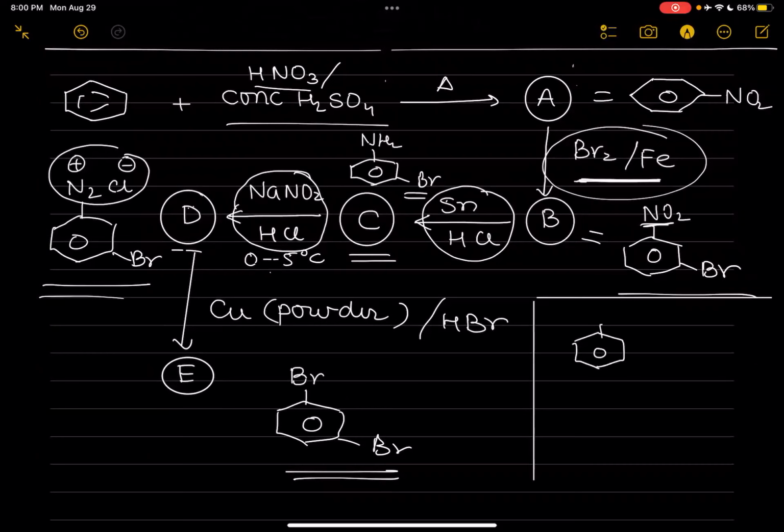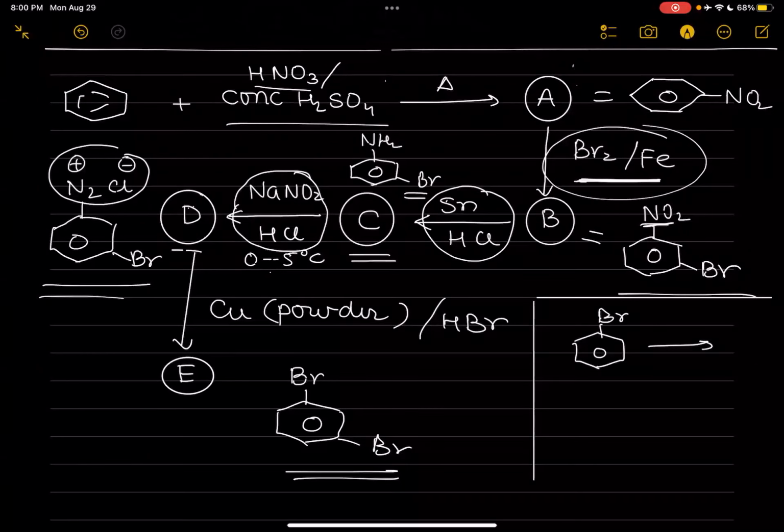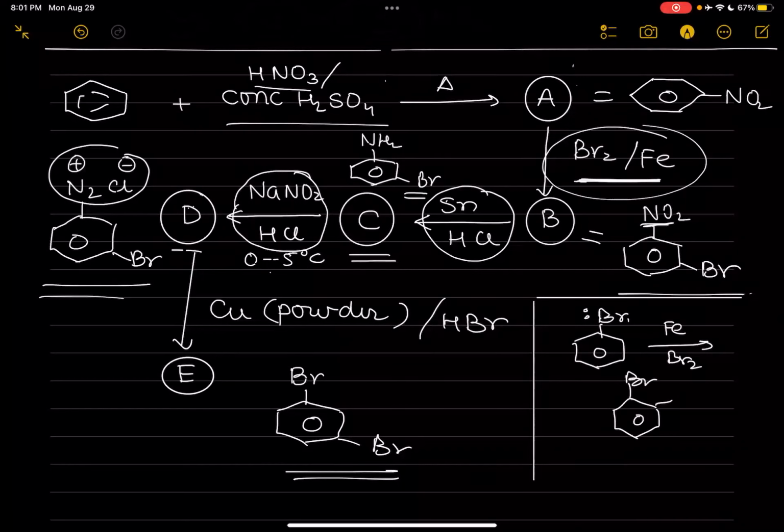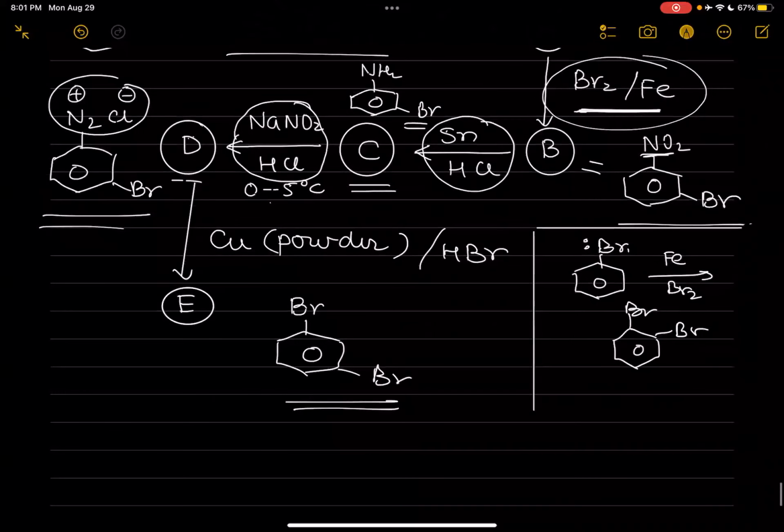Actually, suppose you do the direct bromination and you do the bromination again, the next bromine is going to attach itself, because this is ortho-para directing, either at ortho or para. Okay. You can't have it at meta.